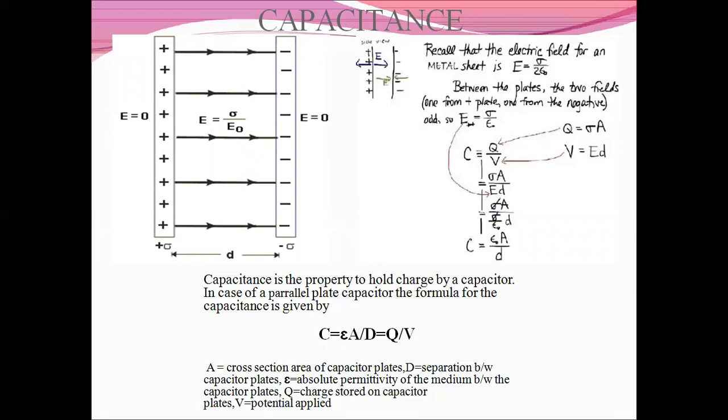We can recall that the electric field for a metal sheet is E equal to sigma by 2 epsilon naught. Between the plates, one is a positive plate and the other a negative plate, so the electric field is equal to sigma by epsilon.